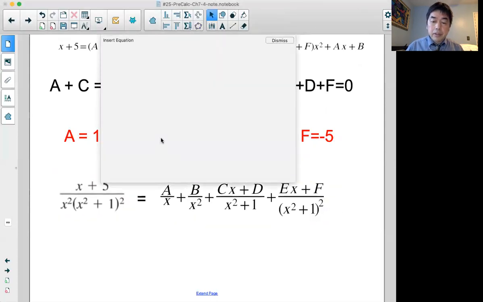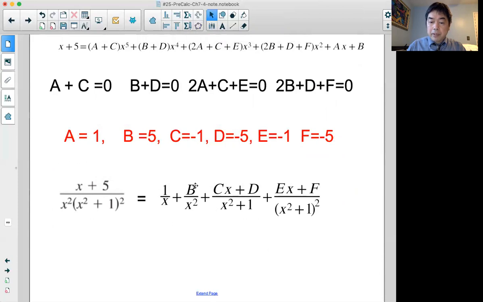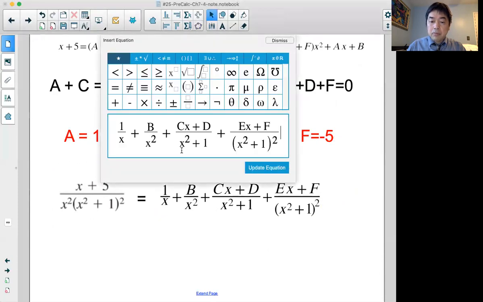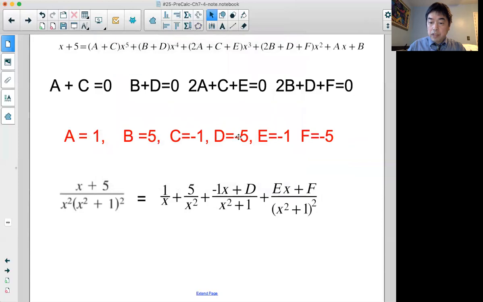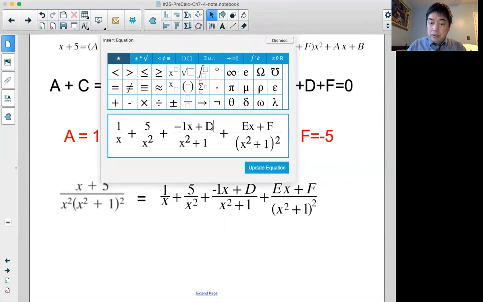Okay, so this is 1, 1, 5, negative 1. d is negative 5, negative 1, negative 5. I hope negative 5.